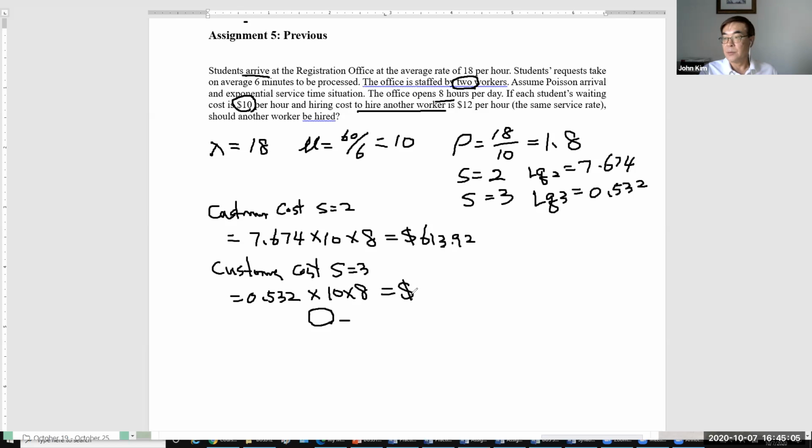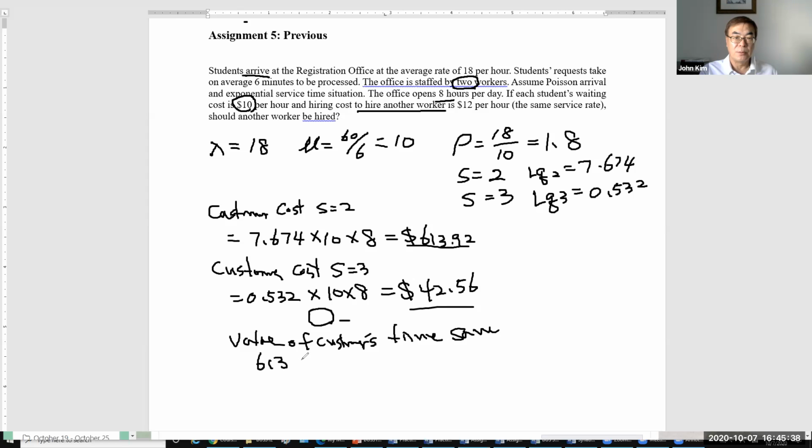That will be 42.56. So the value of customer's time saved is this one minus this one: 613.92 minus 42.56 equals $571.34.